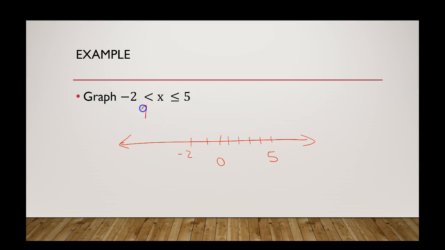Because this says x is greater than -2, I'd read in that direction. Because it doesn't have a line under it, I'm going to put an open circle at -2. Because this has a line under it, it's saying it could be 5. And of course it could be anything in between. So it would look something like this. Pay attention to whether it needs an open circle or a closed circle.